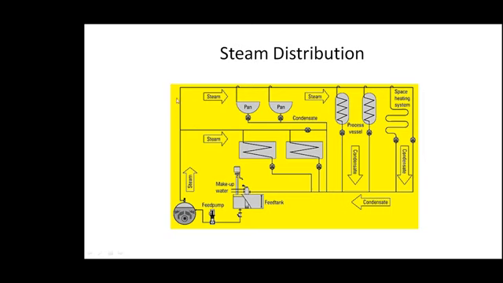This is a typical steam distribution system. So we have the boiler generating steam. Steam is coming here and it goes into a vessel, a jacketed pan let us say, into which the steam will be moving, and inside you have some contents which need to be heated.